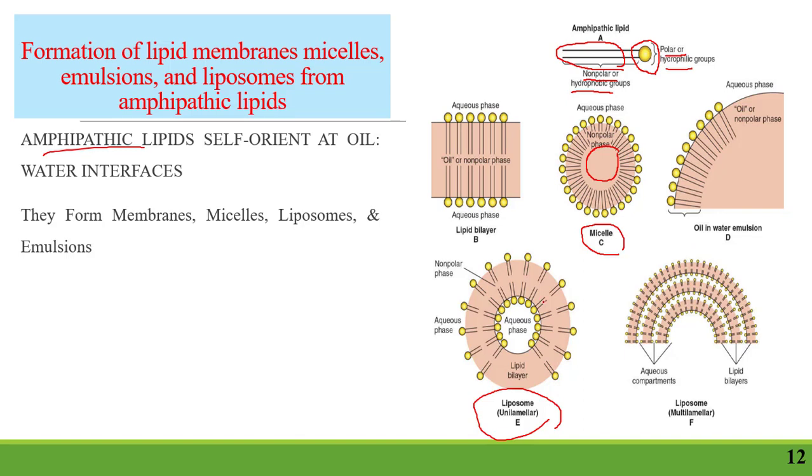Another type of these special lipids is liposomes. Liposomes are a lipid bilayer that will close on itself under appropriate conditions, and a unilamellar or multilamellar liposome may be formed. They may be prepared by sonication of a mixture of phospholipid and cholesterol.